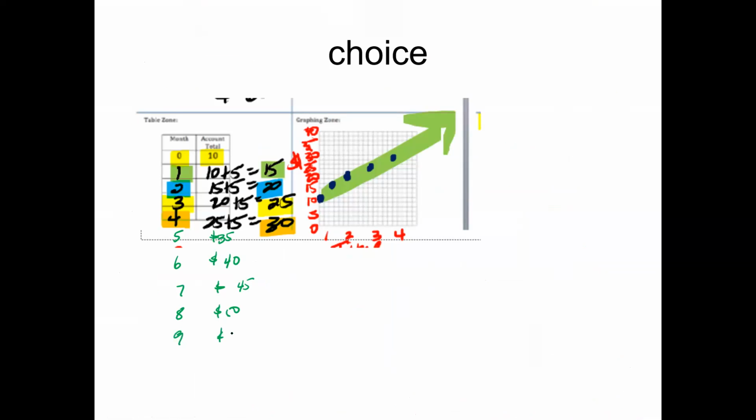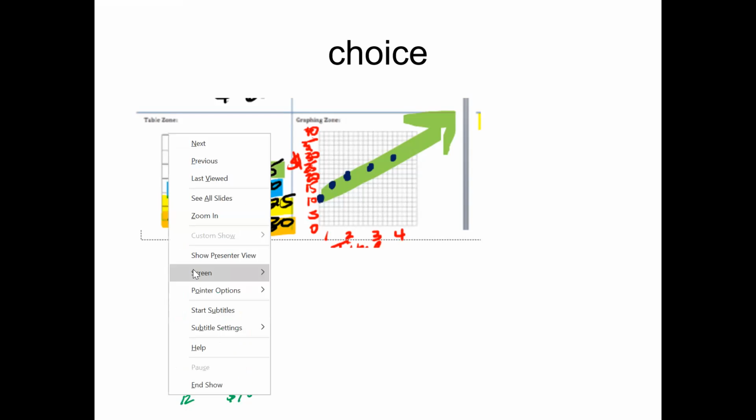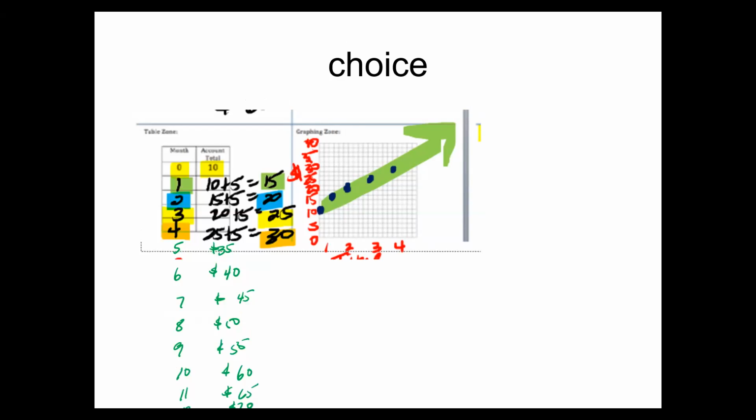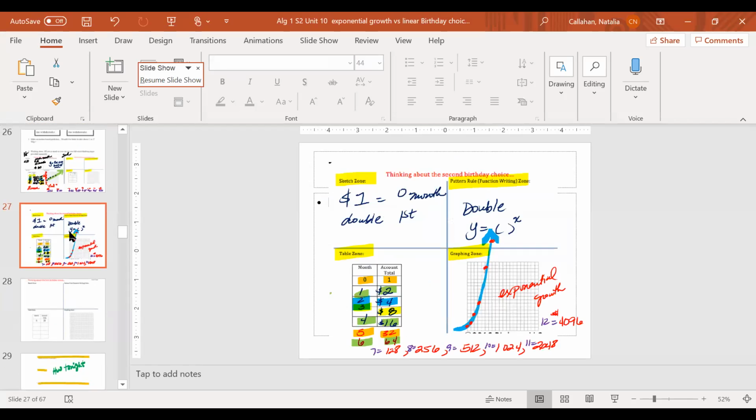Month 9, $55. Month 10, $60. Okay, so in 10 months, well, let's just keep going then. Month 11, $65. So in 1 year, you're going to get $70 from your grandma if you use option number 1, or choice 1. Now let's go ahead and compare that with choice 2 and see where this gets us.